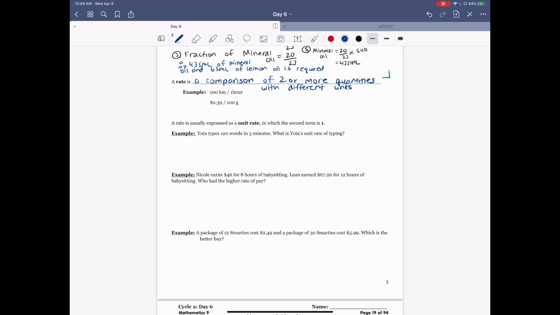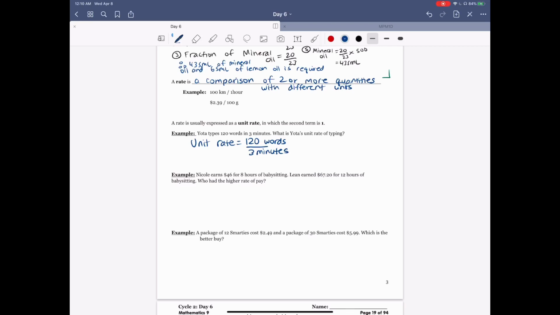etc. Okay, so for the unit rate, Yota types 120 words in 3 minutes. What is Yota's unit rate of typing? Unit rate is equal to 120 words per 3 minutes. Well, how do you think you can figure out how many words he types in 1 minute?